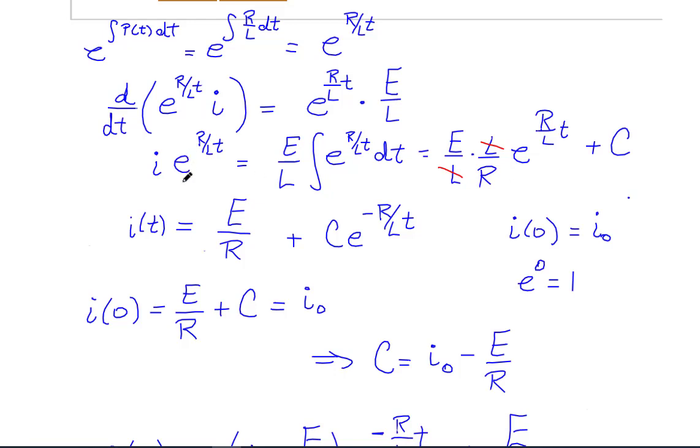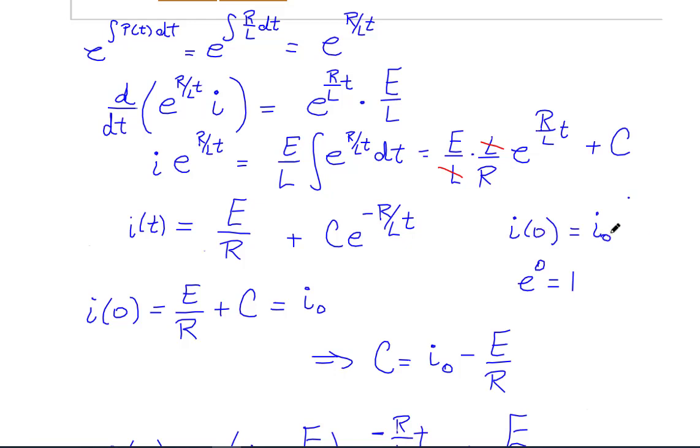At that point, I need to divide through by e to the R over L t. So when I do that, this one will cancel that one, giving me E over R. I've got a C over this e, that's e to the minus R over L t.